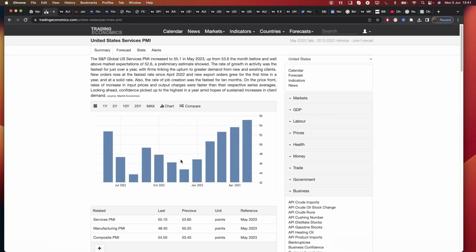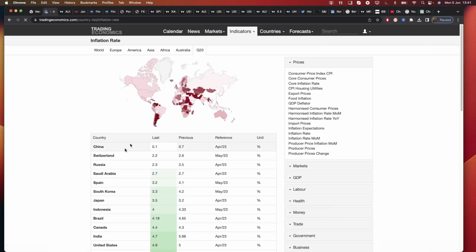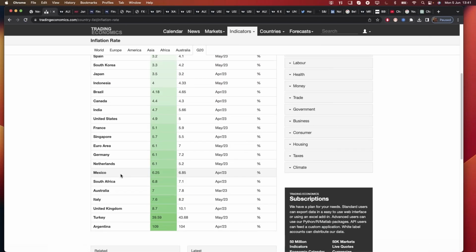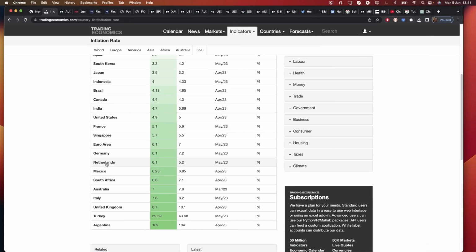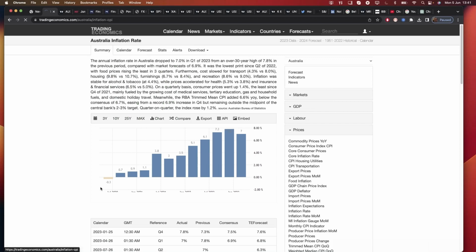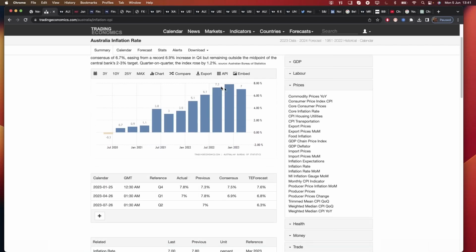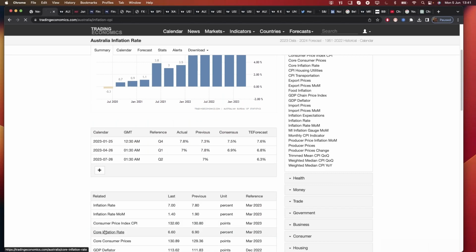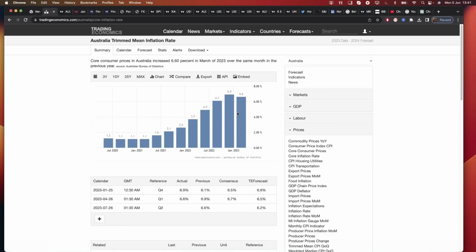Now, if you look at inflation for Australia, you'll see something that is noteworthy, right? The headline is 7%, so it has fallen 1 month, right? But look at the core reading. The core is still nearly 3 times above the RBA's target, right?